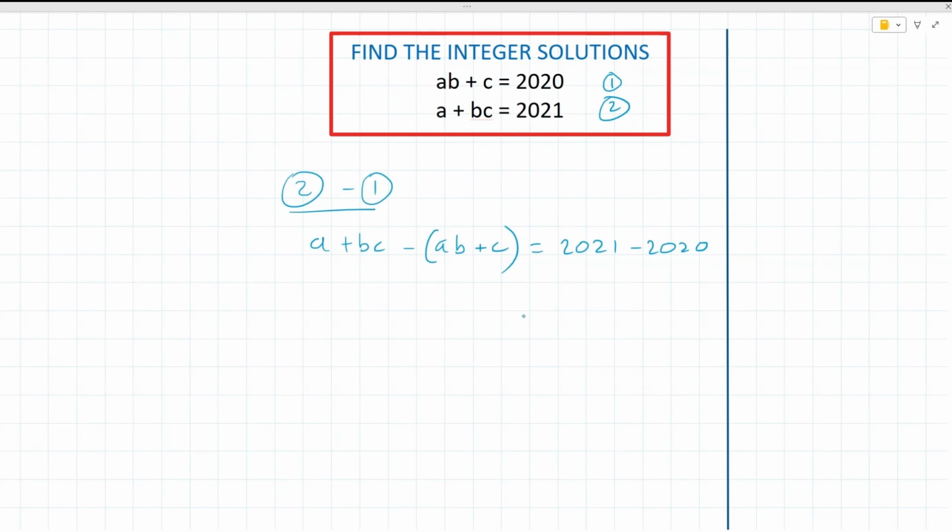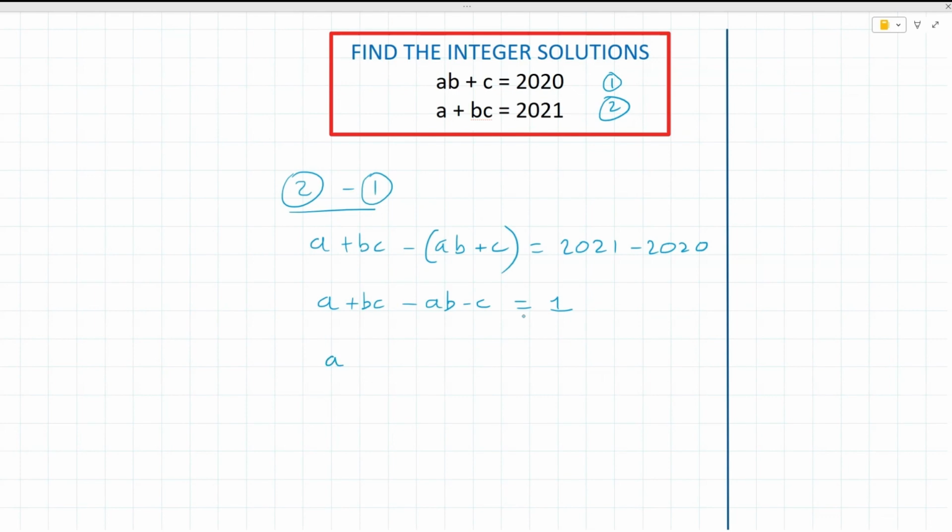Now, if we distribute the minus to the bracket, we're going to get A plus BC minus AB minus C, since the minus is given to everyone, and that's going to be equal to 2021 minus 2020, which is 1. So the right-hand side is quite nice. Now, on the left, always a good idea to put the A's with the A's and the B's with the B's and things like that.